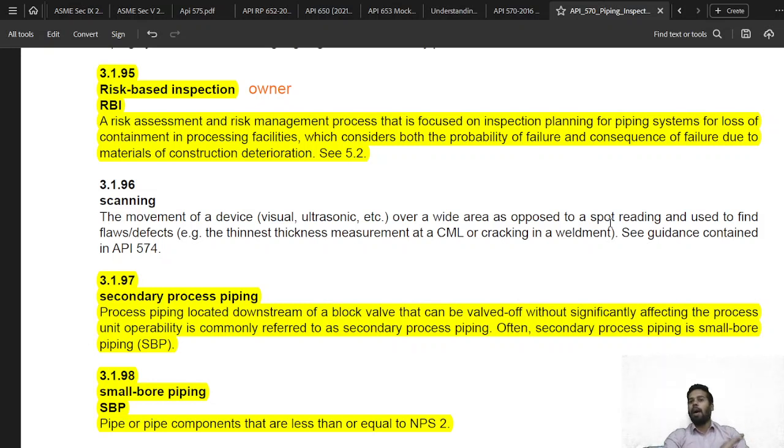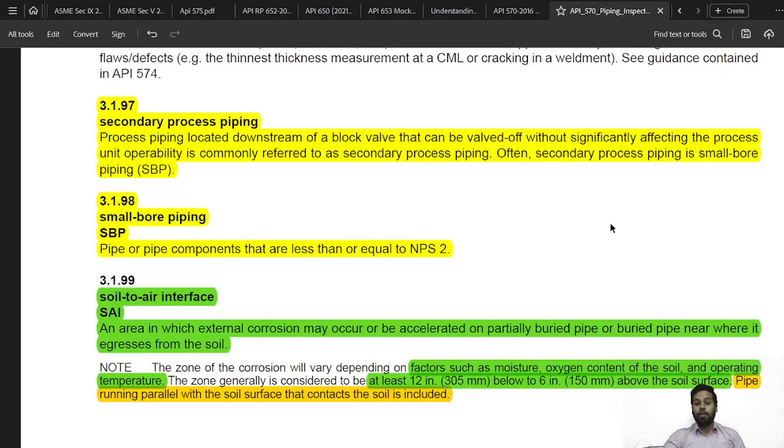You cannot apply that RBI without consulting the owner. So it is a risk assessment or risk management process focused on inspection planning of the piping system for loss of containment in the processing facilities, which considers both probability of failure and consequence of failure due to materials of construction and deterioration.